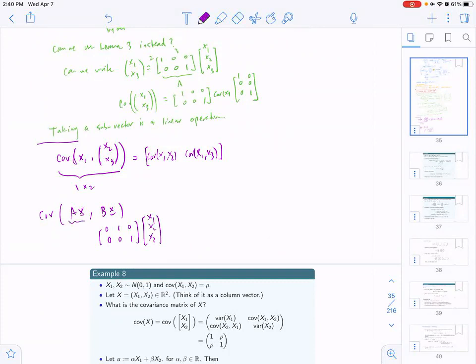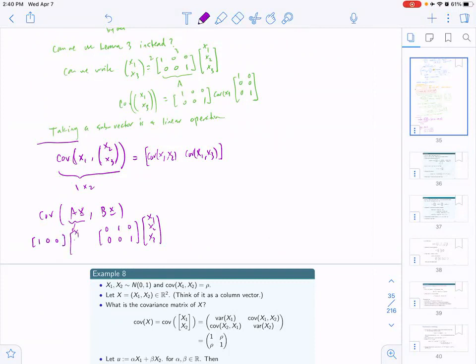This one would be what? Anyone? Ethan? 1, 0, 0. Okay, 1, 0, 0, times x1, x2, x3, right.